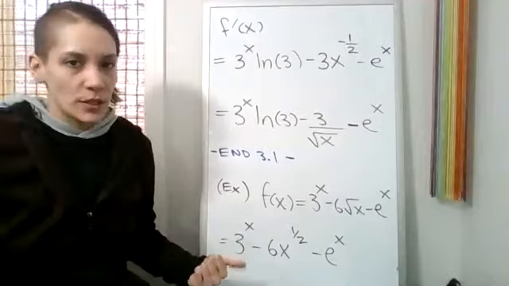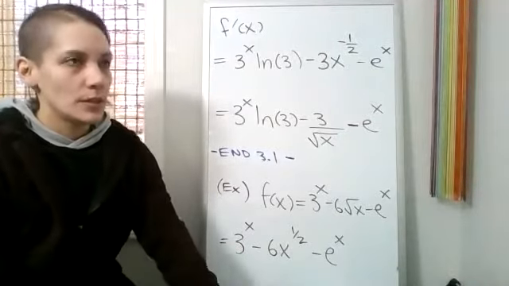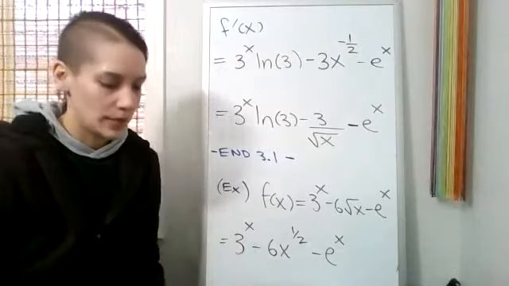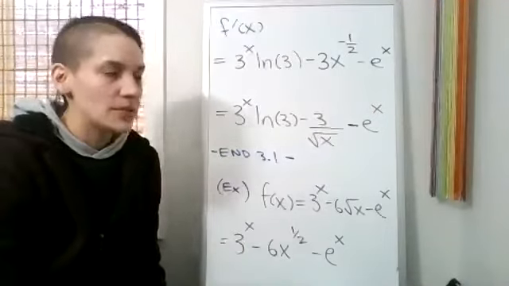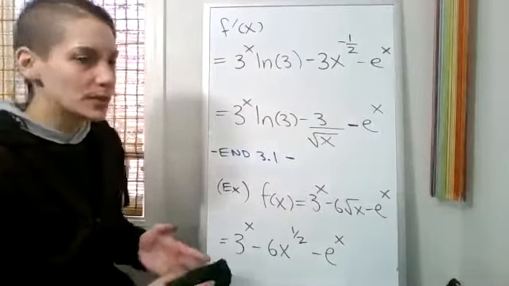So 3.2 is the power rule and the quotient rule. We'll do 3.3 next time, which is where we take derivatives of trig functions. Start learning those rules.